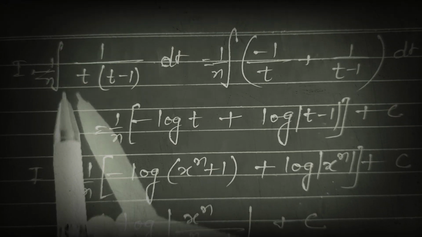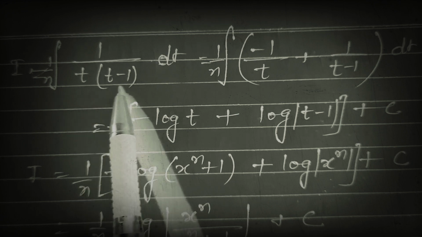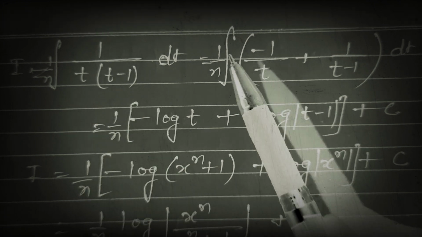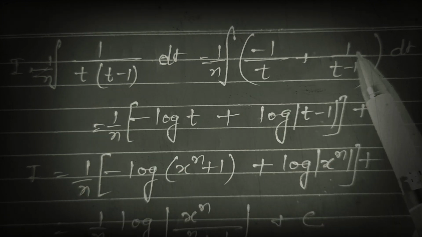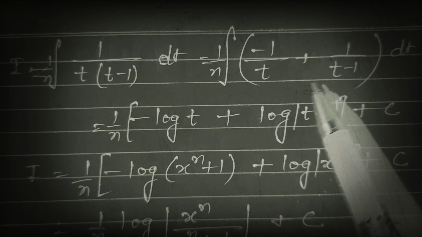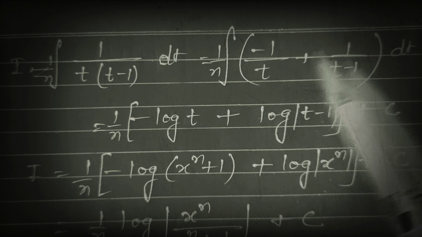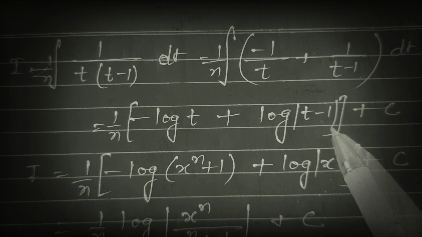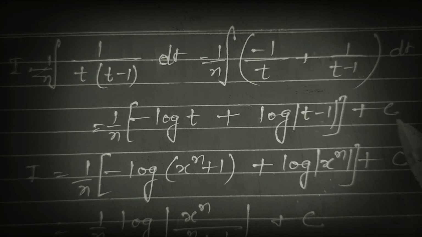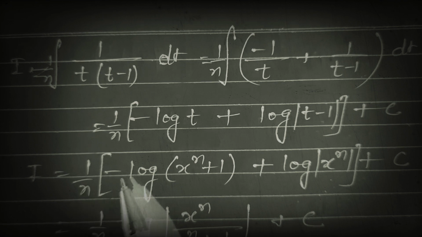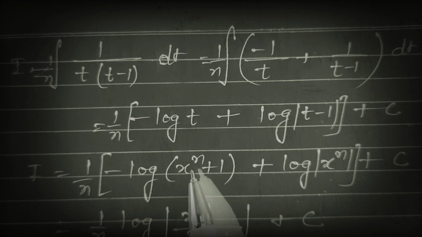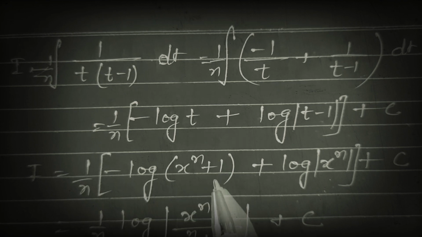It is 1 upon n. 1 upon t into t minus 1 को हम लिख सकते हैं 1 upon n, minus 1 by t plus 1 upon t minus 1. Take integration, minus common. 1 upon t integration is log t. 1 upon t minus 1 integration is log of t minus 1 plus c. It is 1 upon n minus log of t, whose value is x raised to power n plus 1.